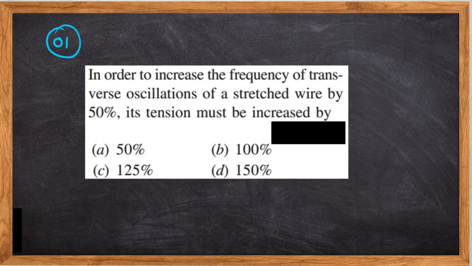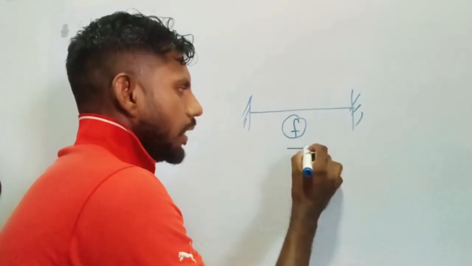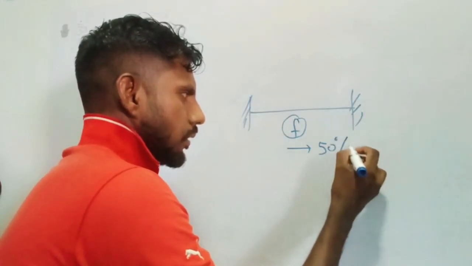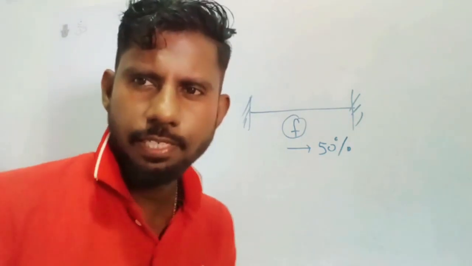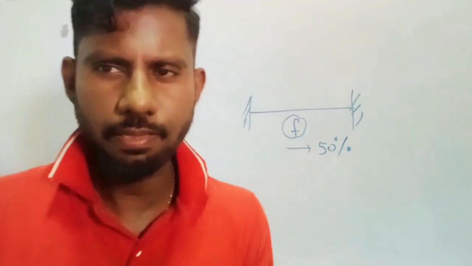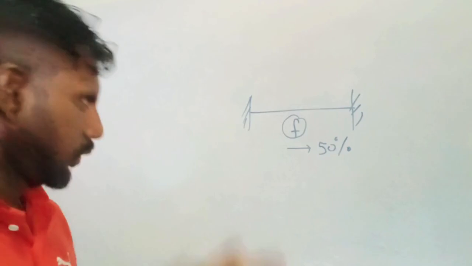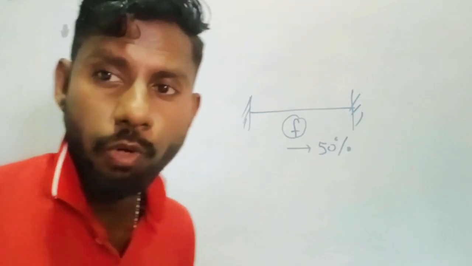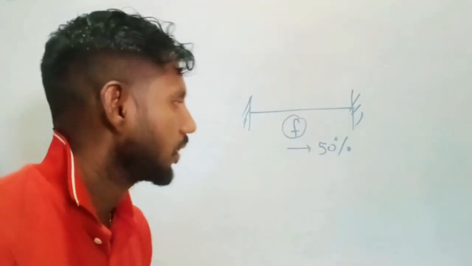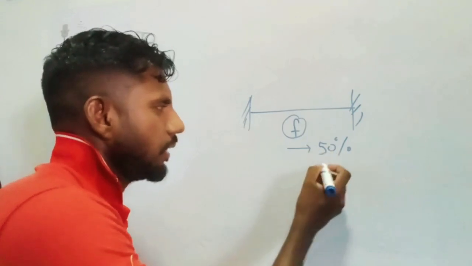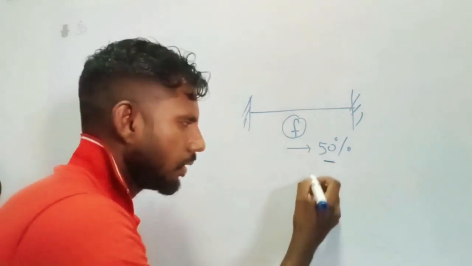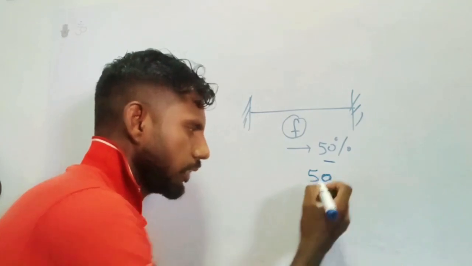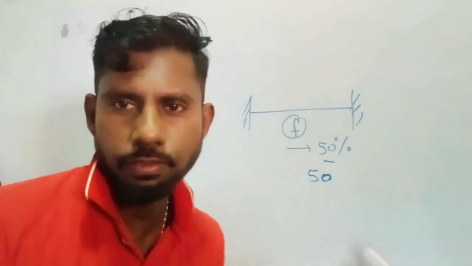If the frequency is F, this has to be increased by 50%. So applying this percentage value is the key thing here. It's a math thing, remember that. So when F is increased by 50%, what's the value of F now? That you should know. This is actually for the students who find these questions a bit hard.